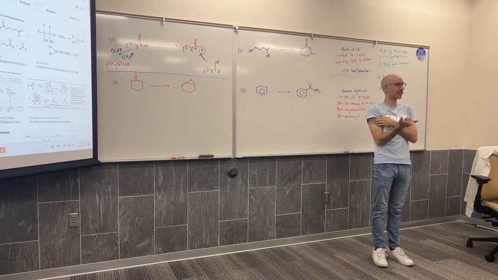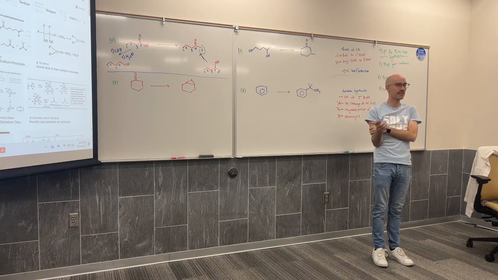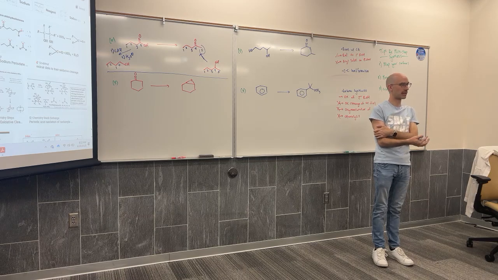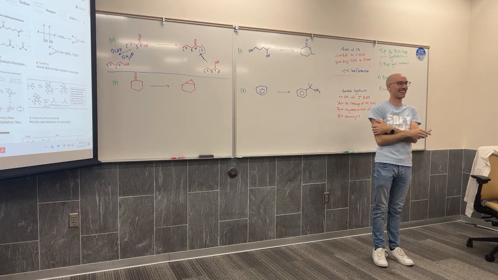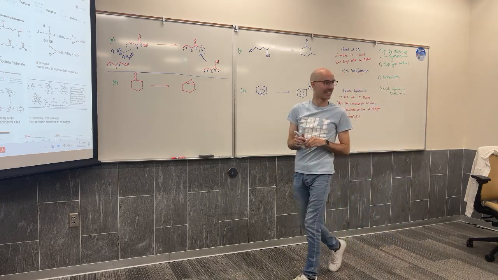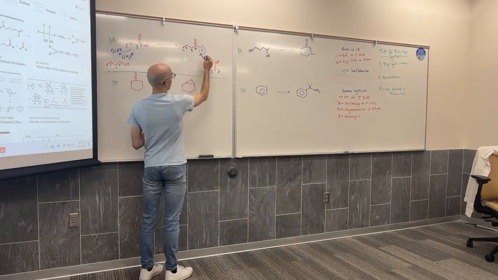It's still acidic conditions. It still has a chromium reagent. PCC, though, more moderate. Chromic acid, more aggressive. I can't use chromic acid here. Is that right? That's wrong. I can use chromic acid here. You can use both, right? I could use PCC or chromic acid.